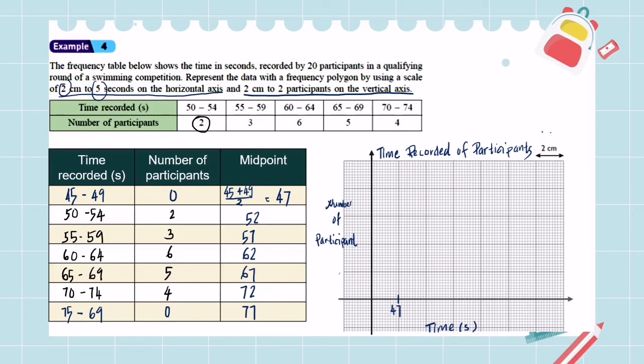To draw the frequency polygon, we always use the midpoint at the horizontal axis. Okay, the next is 52. When you check the difference between 47 and 52, it is 5.